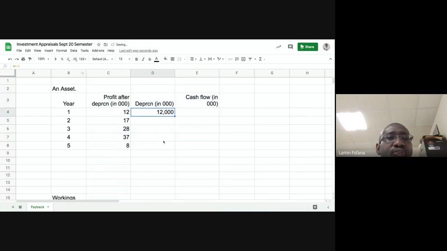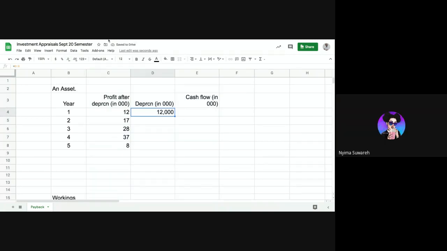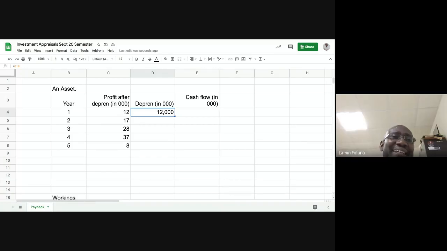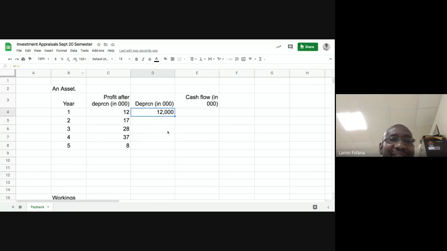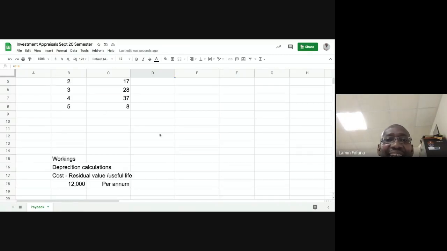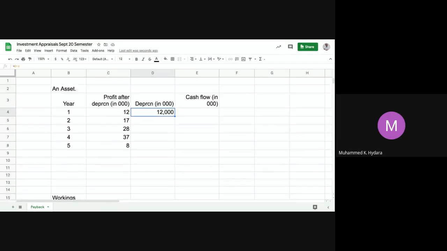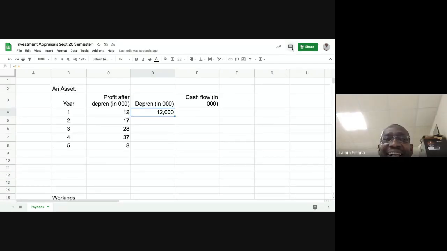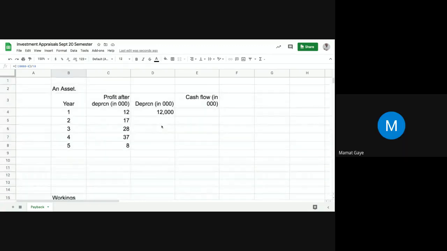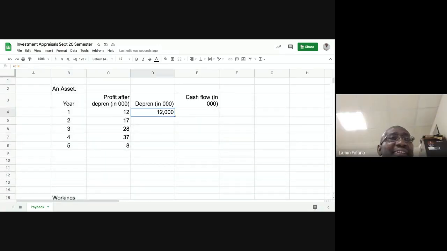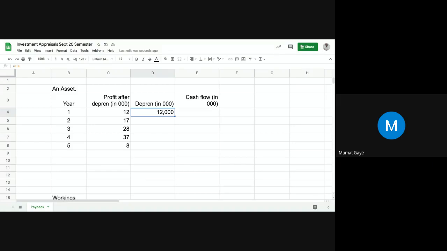Okay, how can we make it 12 here? We reduce the zeros. So we're going to reduce the zeros? To me, Mr. Fofana, I see it is correct. So I'll reduce the zeros from here. But this is already on the formula. I think you are going to format down there at the top.